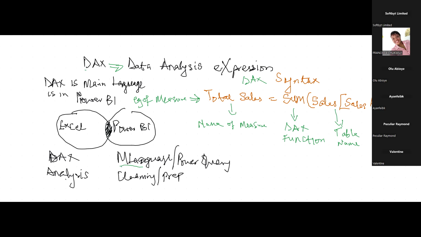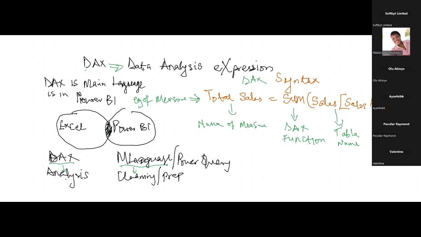And then on the Power BI side, we have the DAX function. Now DAX is mostly for analysis, while M language, which is from Power Query, is for data cleaning and preparation. It is an abuse of DAX if you want to use it for data cleaning. It is a very powerful tool. Use it for what it is for, and it's going to give you optimal performance.